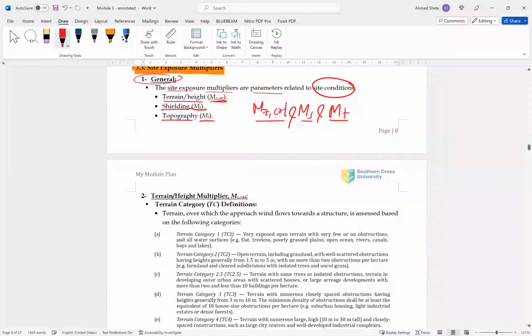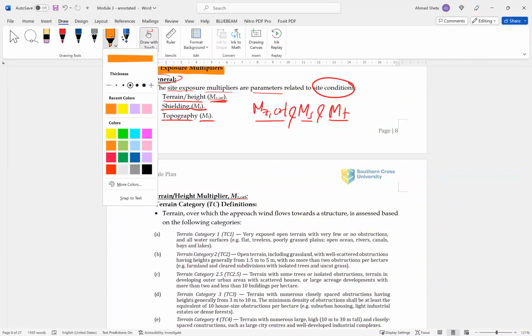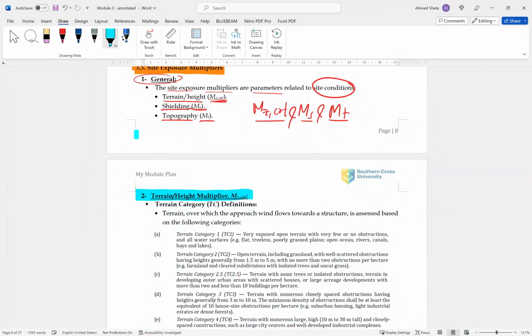Okay, firstly, for the terrain multiplier MZ, what are the terrain category definitions? We represent the terrain category with the symbol TC. The terrain over which the approach wind flows towards a structure is assessed based on the following categories.